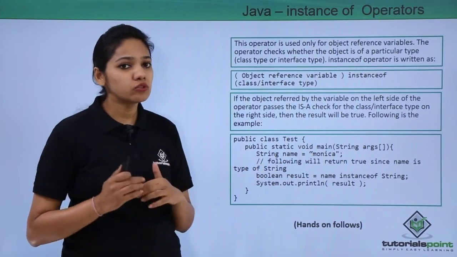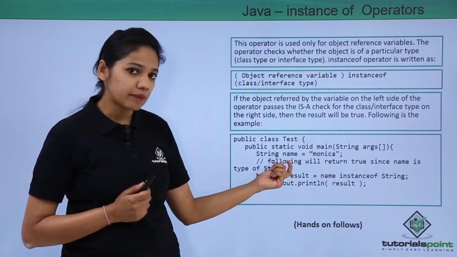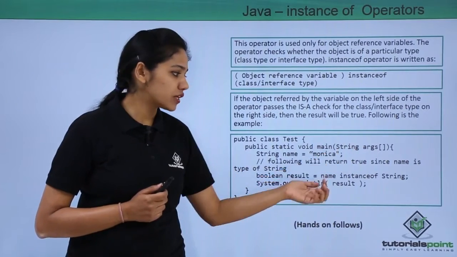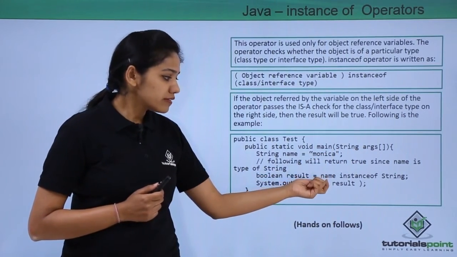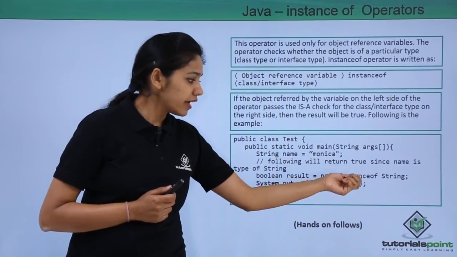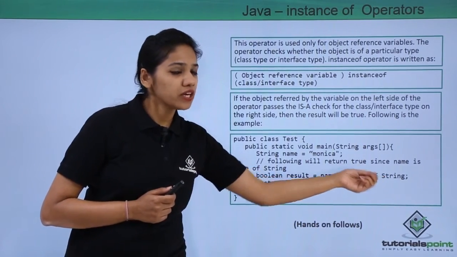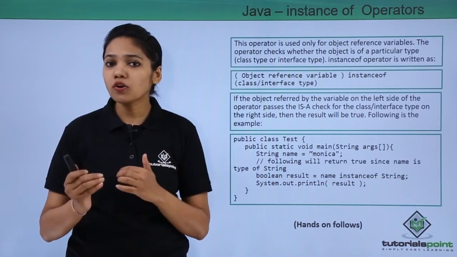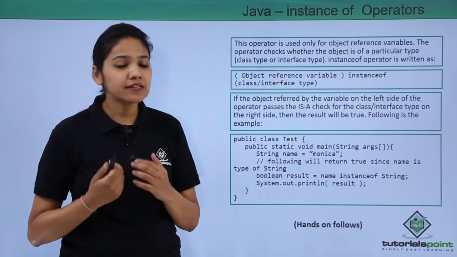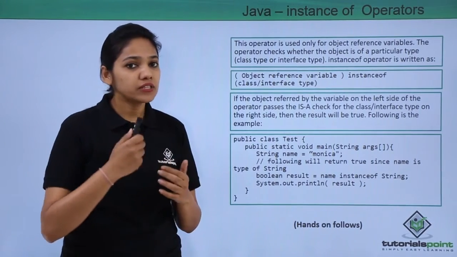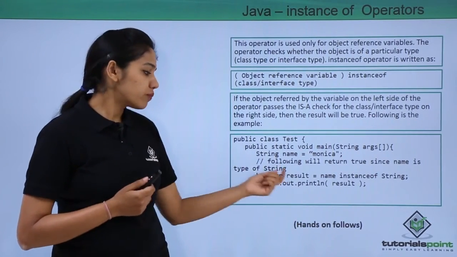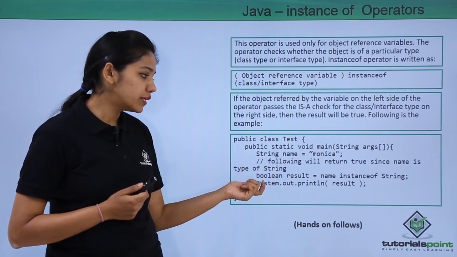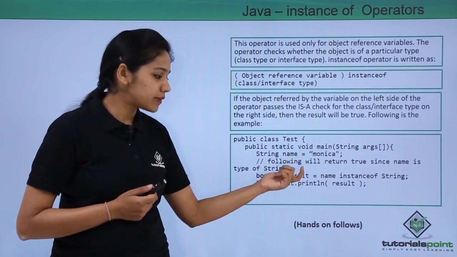Following, we are trying to check whether this name is a type of string or not, right? So is this name an instance of string or not? When we say or not, it will return us a boolean value, true or false. Therefore, we create a variable called boolean, and the boolean variable name is result.